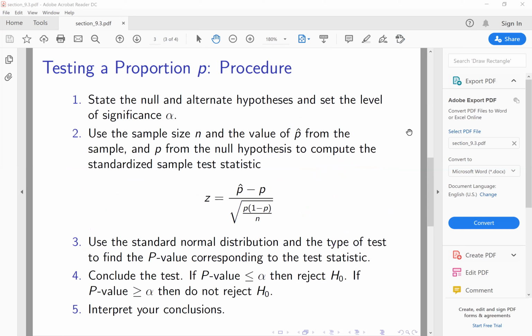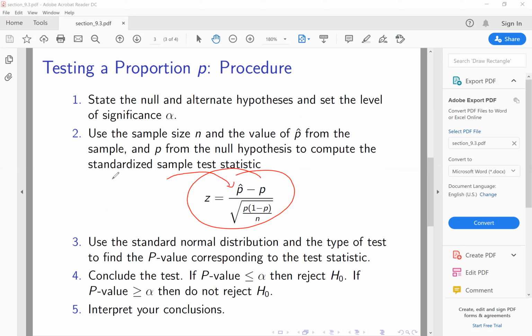So for a hypothesis test for proportion, we start off just like every other test. We state the null and alternate hypotheses and set our significance level of alpha. Here we have the test statistic. Notice that's a z variable, the standard normal.